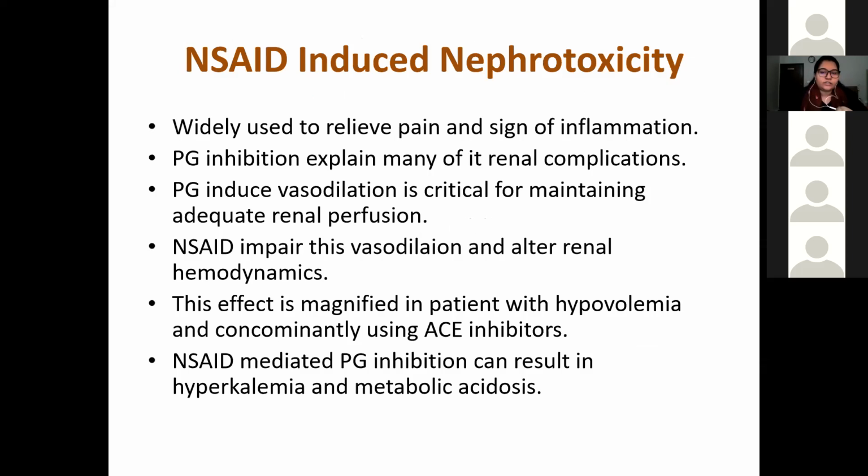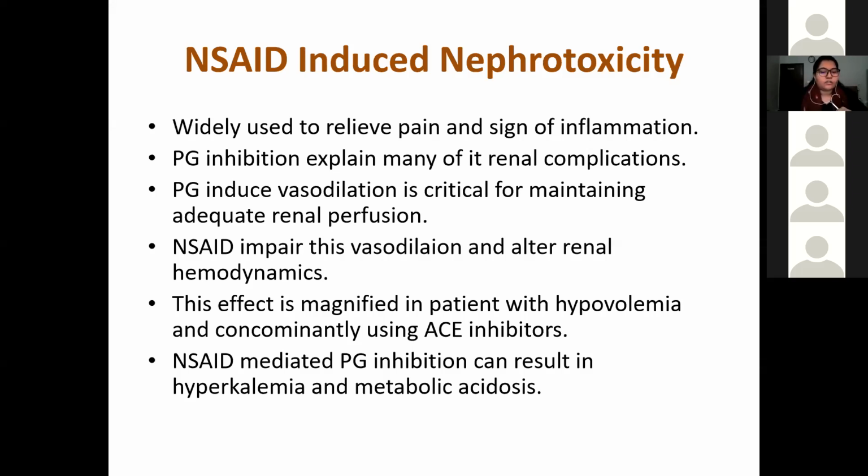First of all, NSAIDs are widely used drugs for pain and inflammation. How NSAIDs work is prostaglandin inhibition, which explains many of their renal complications. The prostaglandin-induced vasodilation is critical for maintaining adequate renal perfusion, and NSAIDs impair that vasodilation and alter the renal hemodynamics.